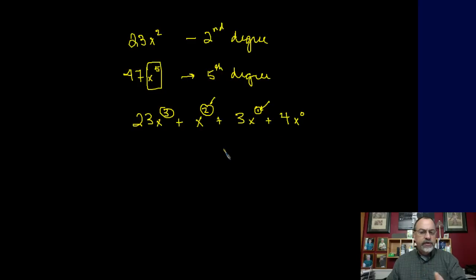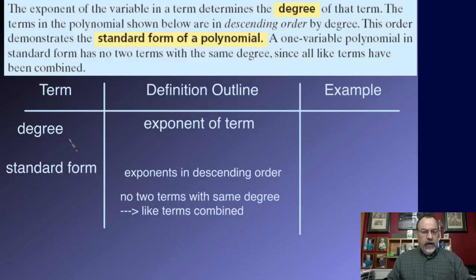So you'll always want to be sure that before you start answering any question, whether it be calculating something or classifying a polynomial, you make sure that it's in standard form first. Very important point.